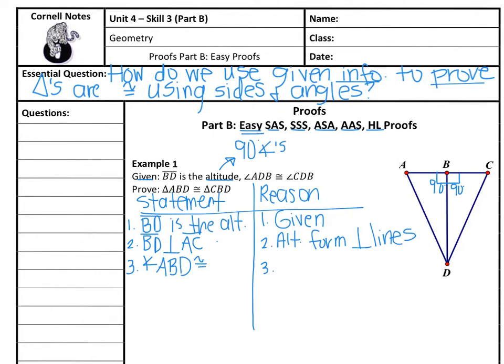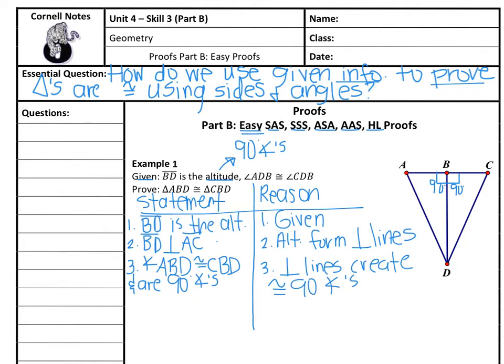So ABD is congruent to CBD. We can say ABD and CBD are 90 degrees. Okay. Our reason is going to be that because we had these perpendicular lines from part 2, perpendicular lines create congruent 90-degree angles.